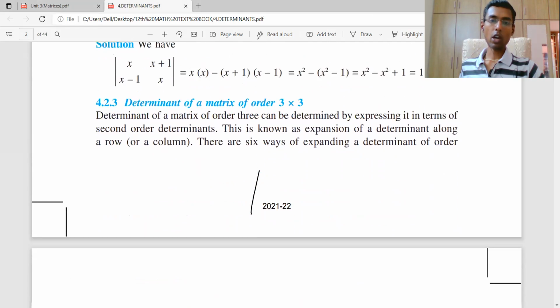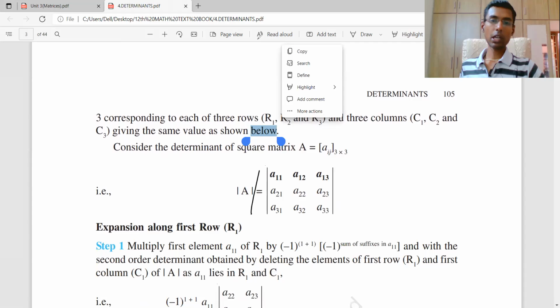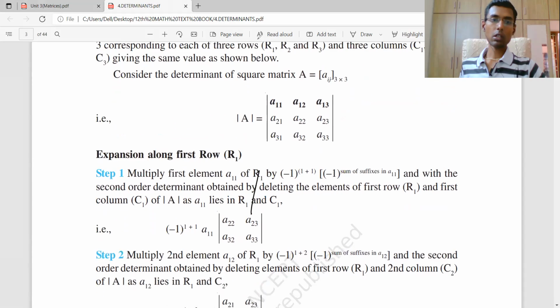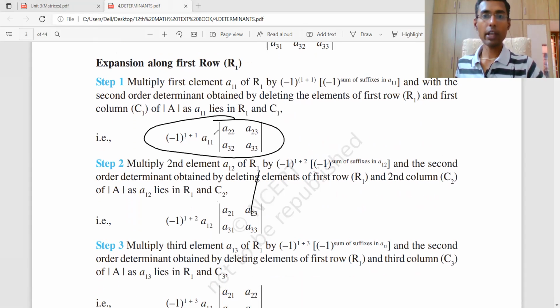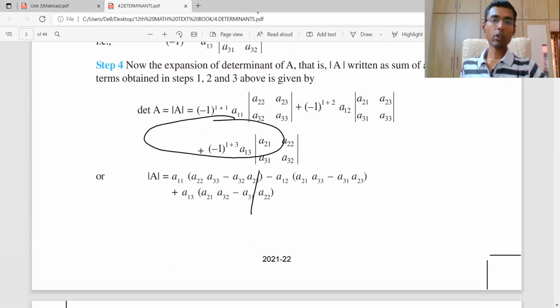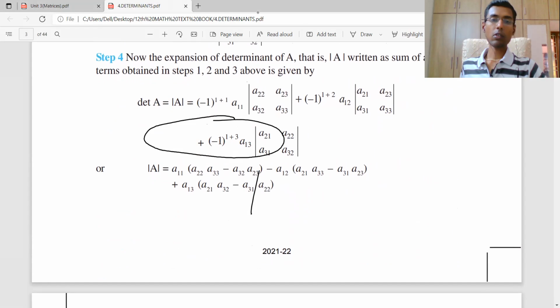For the third order matrix, I gave a detailed explanation: expanding with respect to the first row is like finding cofactors. First we find the cofactors, then det A is the first elements with their cofactors.